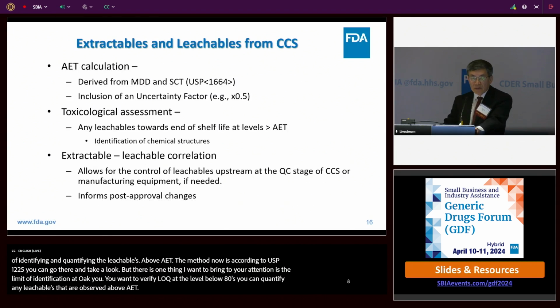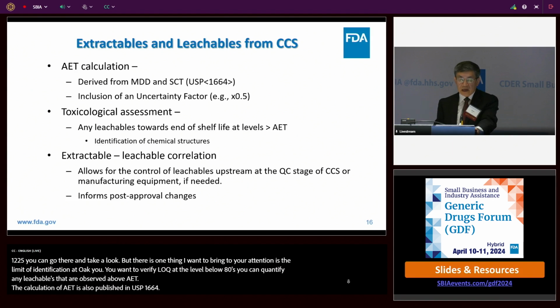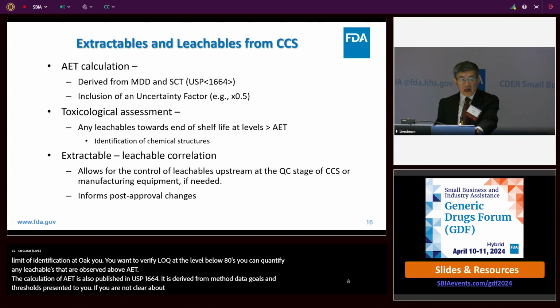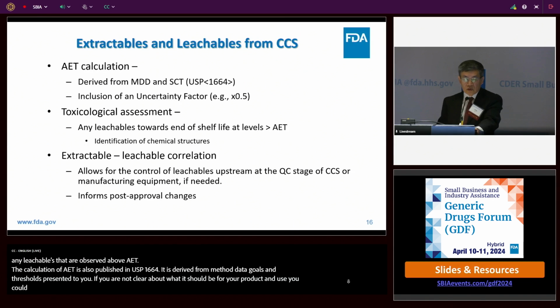The calculation of AET is also published in USP 1664. It is derived from maximum daily dose and safety concern threshold, which Chris has presented to you. And if you are not clear about what MDD should be for your product and the assay you should use, you are welcome to submit a control correspondence to OGD for consultation.